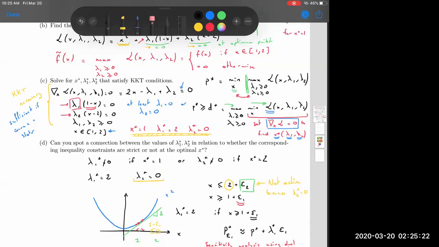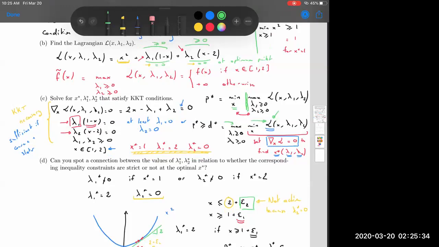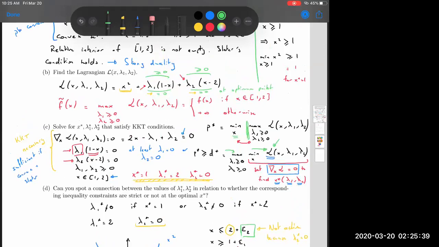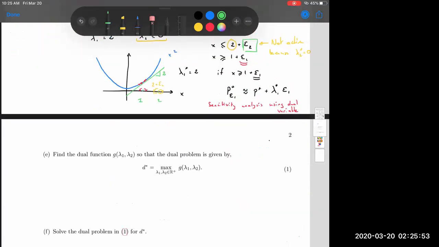So when I have this minimization over my Lagrangian, if I move a little bit my constraints here, it will move my optimal point by the factor lambda if the constraint is active. And this, I think it's well explained in the Boyd's book, and you might do some homework on it.